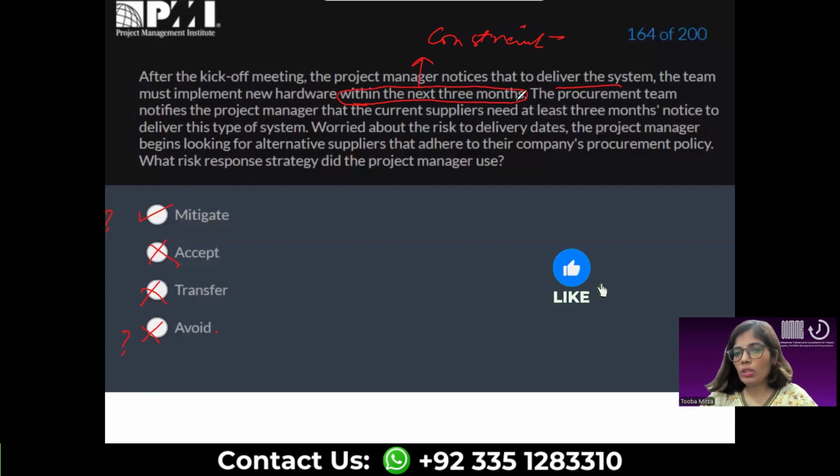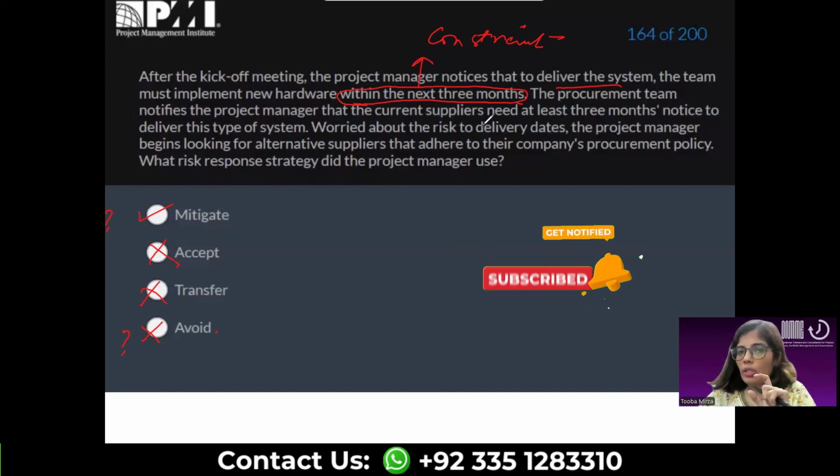Now, to take care of this constraint, the project manager has to make sure that the supplier which is selected would be delivering the new system in 3 months' time. Okay?